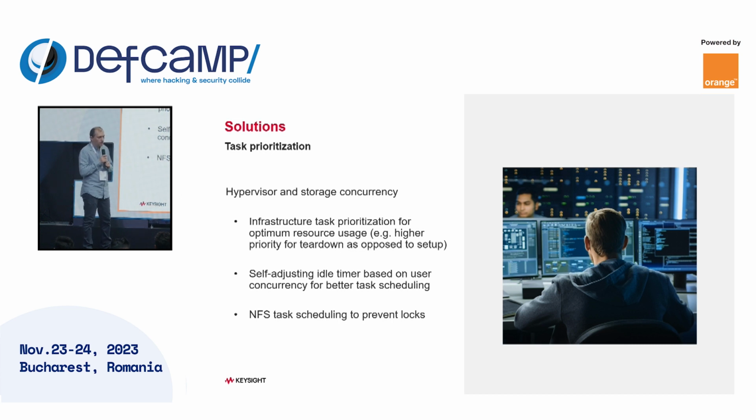The next thing was also about prioritization. Think of a highway, for example, where there are a lot of people trying to reach somewhere, and all the lanes are busy.